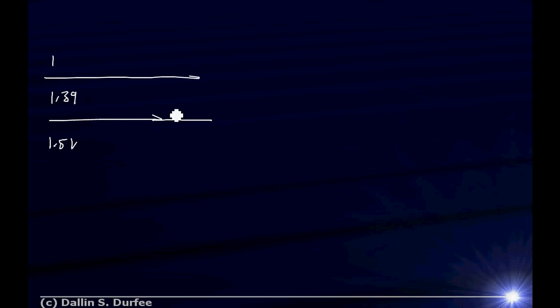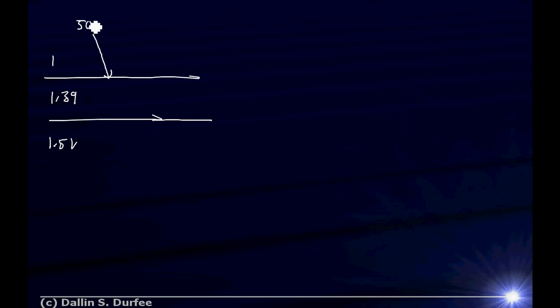So what we've got is this film with an index of refraction of 1.39, and it's on top of glass with an index of refraction of 1.51, and the air has an index of refraction pretty close to 1. Alright, so we want light with a wavelength of 500 nanometers to reflect off of here and have a reflection minimum.